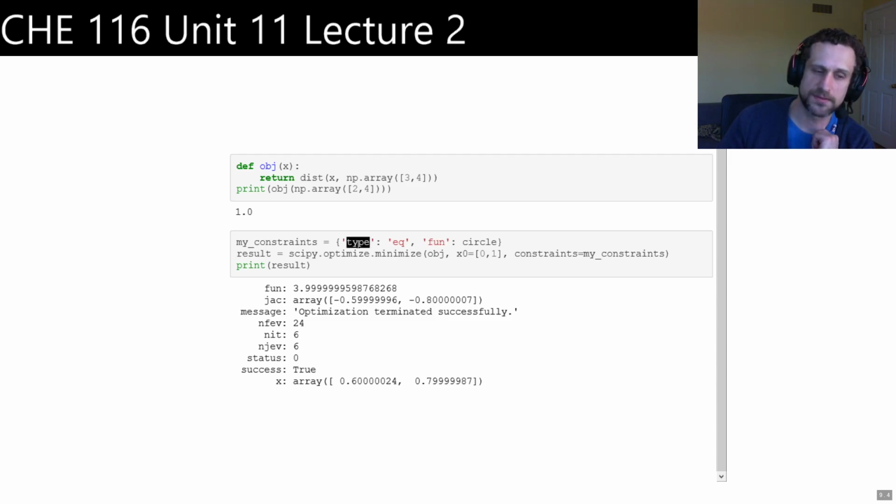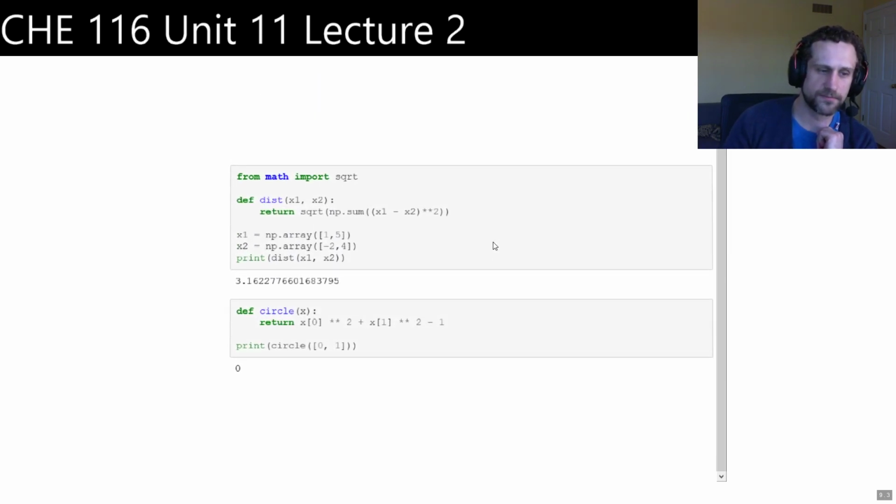The first one tells Python if it's an equality by specifying EQ, or it contains ineq if you're saying that it's an inequality. And we'll see an example of an inequality in a little while. The second element, the fun element, needs to be the function for the constraint. So this circle was defined above here, and it's a function that gives me x squared plus y squared minus 1.